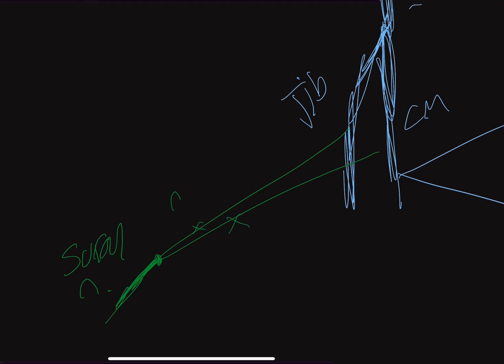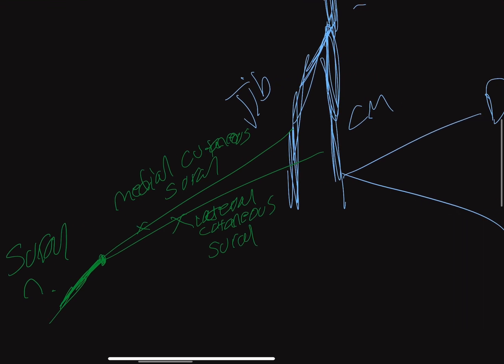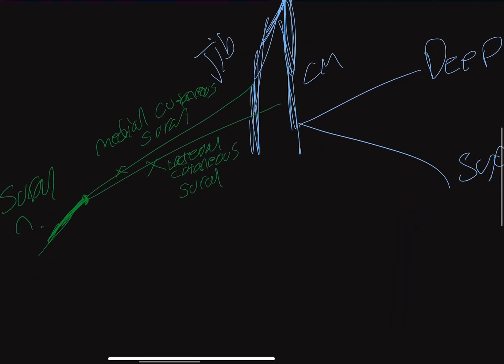This tibial one is the medial cutaneous sural. Not sure if I got that name in the right order, but that's what it is. And this common peroneal is going to be your lateral cutaneous sural. Okay, and that is that.